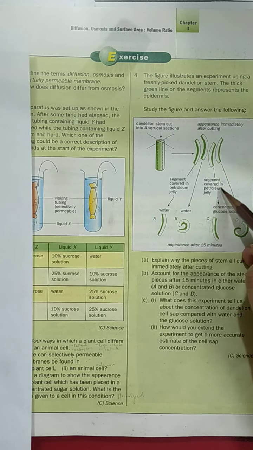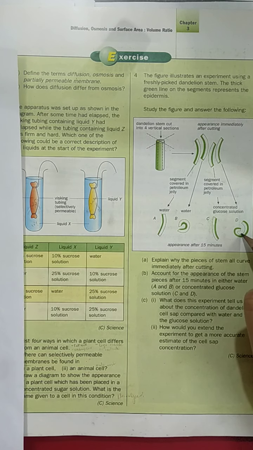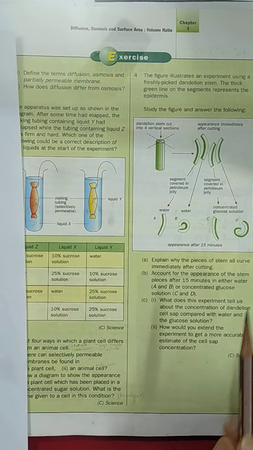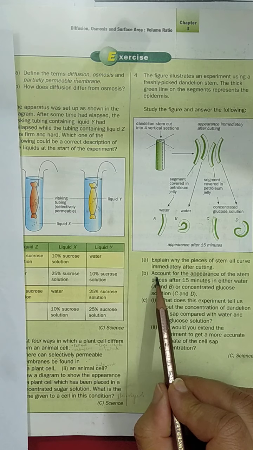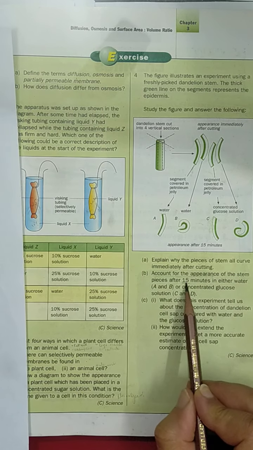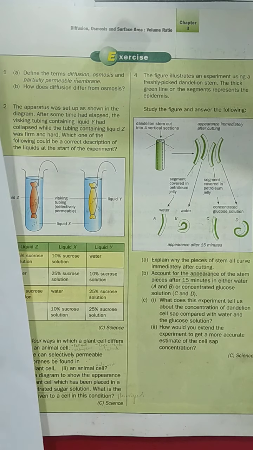In the same way, C is again covered with petroleum jelly and D is directly placed in concentrated glucose solution. Now part B of the question is that you have to give an account of the appearance of these stems after 15 minutes. So what is going to happen after 15 minutes?